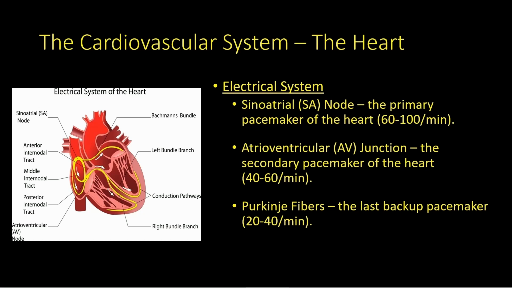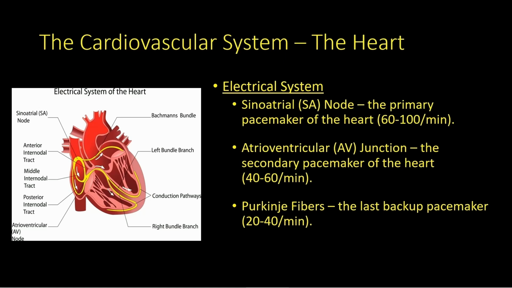Now, as you'll notice, that's less than the 60 to 100 we'd get from a normal SA node, but it still is enough to sustain life for a while. Now, if the SA node and the AV junction both give up, then we'll have the Purkinje fibers. This is the last backup pacemaker of the heart, and it's good for about 20 to 40 beats a minute usually.